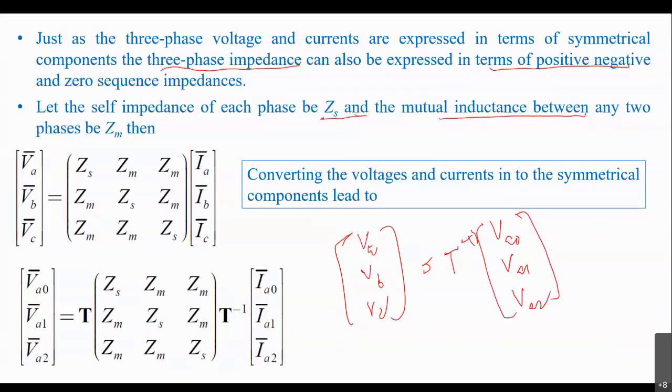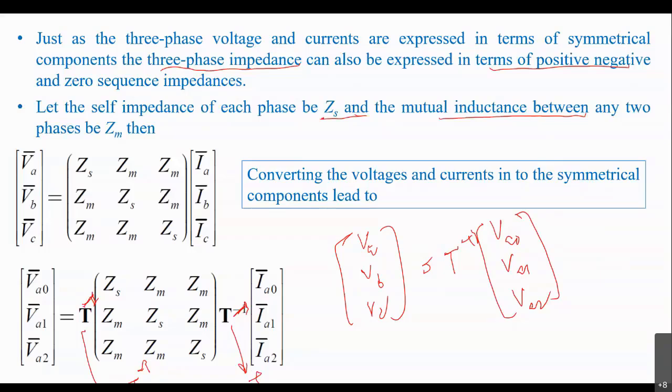Okay, so this will be T and this will be T inverse. Just mark it. This is nothing but T inverse, and this is your T. This is the mistake, I think.